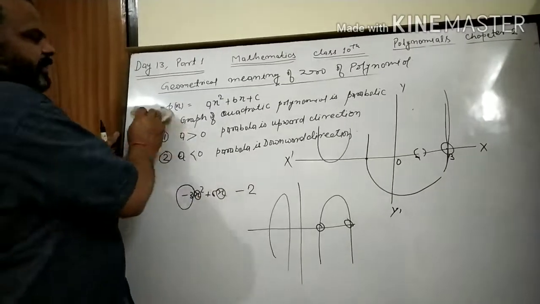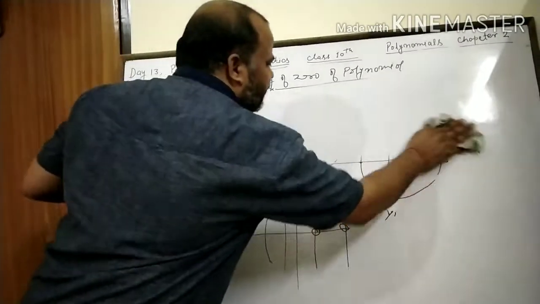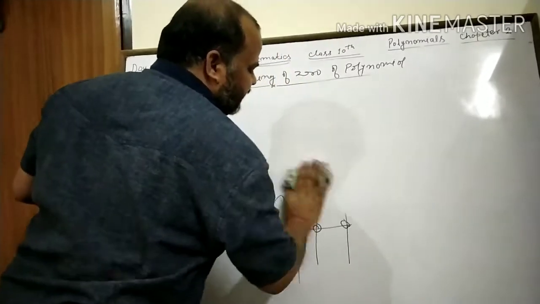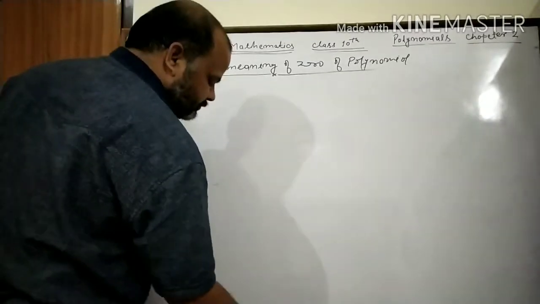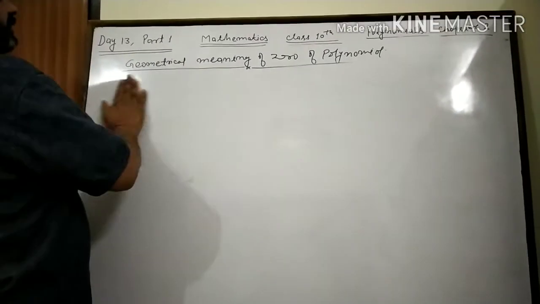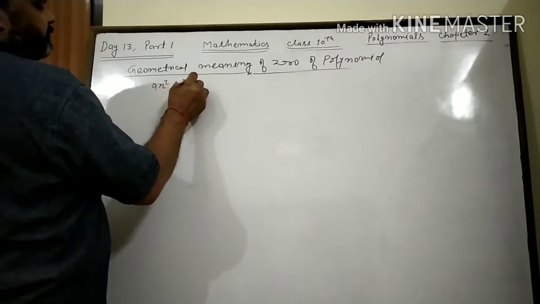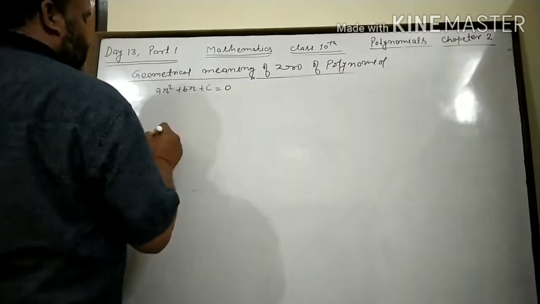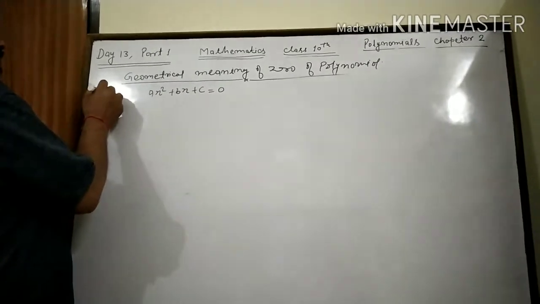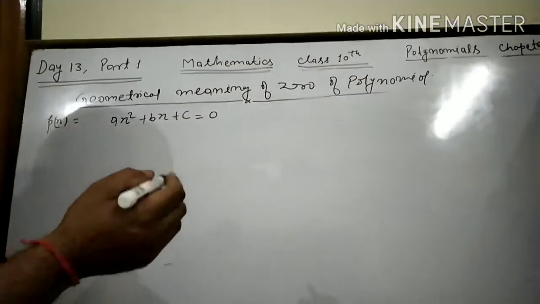Then what is the meaning of the graphical representation? Suppose you have a parabolic graph, see, ax square plus bx plus c, here a is not 0. Then it has three conditions.